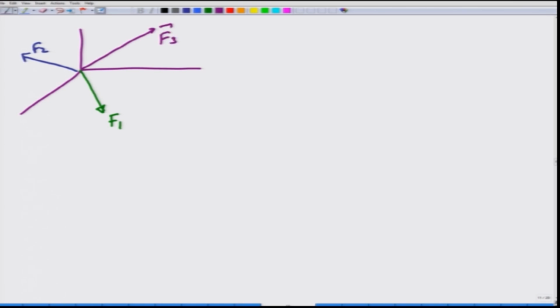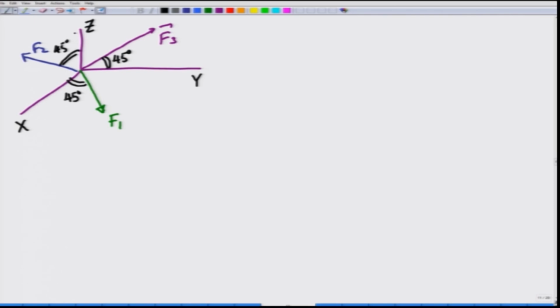F1 is in the xy plane, let me write this x, y and z, and this is along the diagonal of a cube. So, this angle is 45 degrees, and so is this angle.